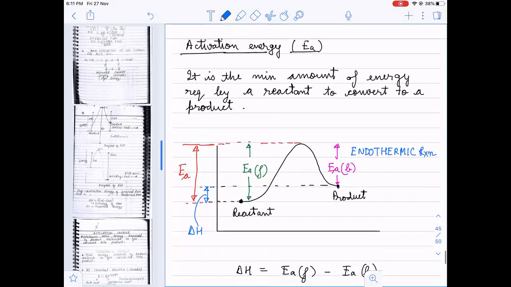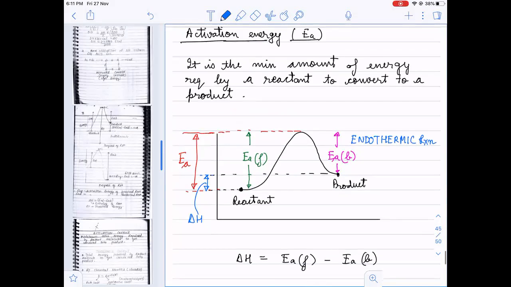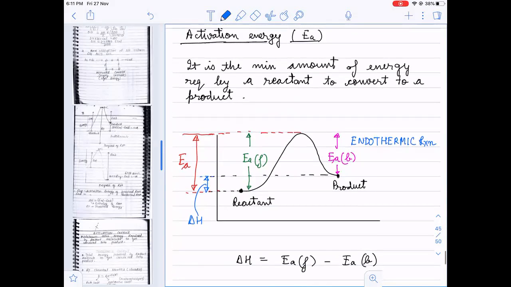Now let's see something concerned with the activation energy and how the reaction goes. So activation energy, you know what is activation energy? It is represented by the symbol capital E and subscript A, small a. It is the minimum amount of energy required by a reactant to convert to a product.